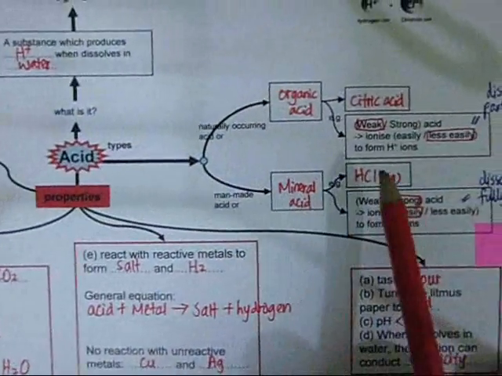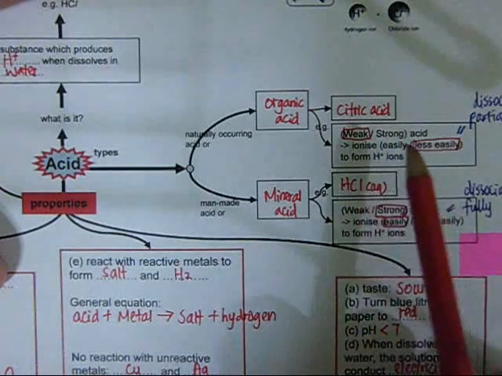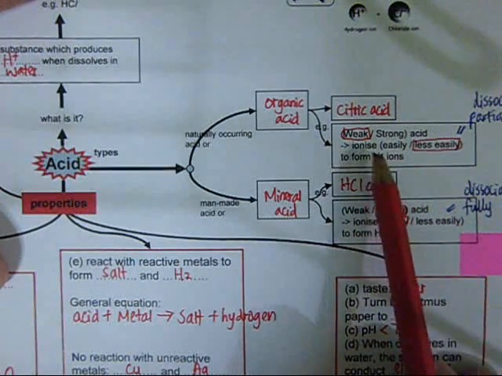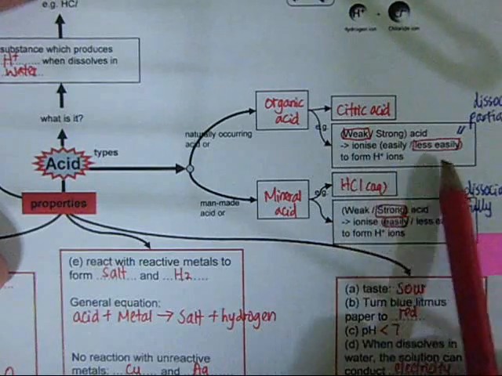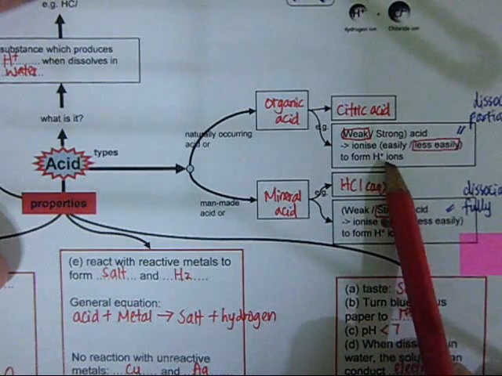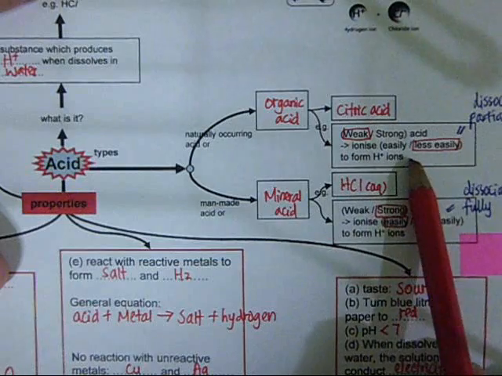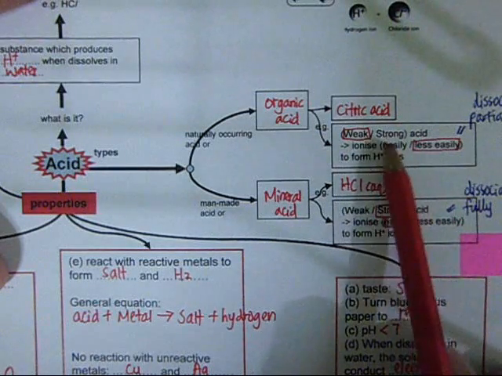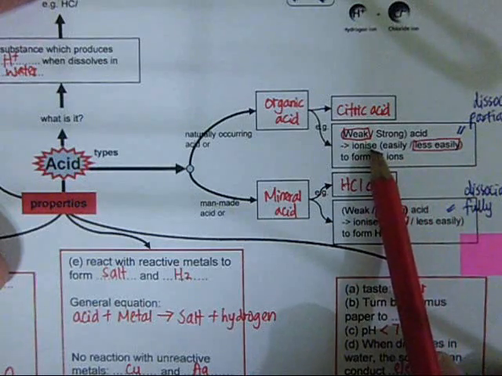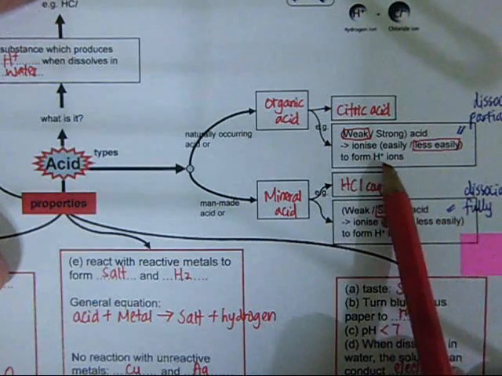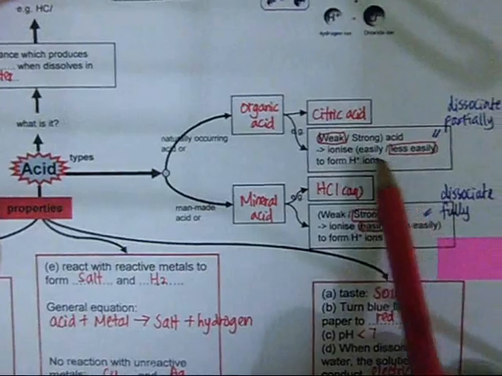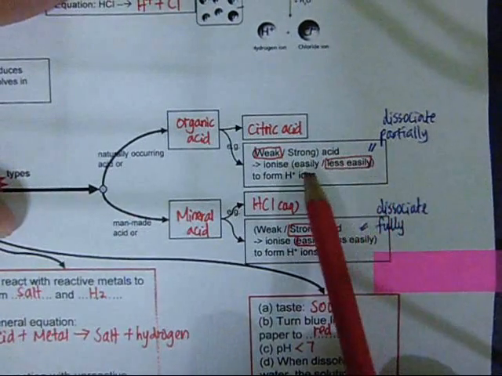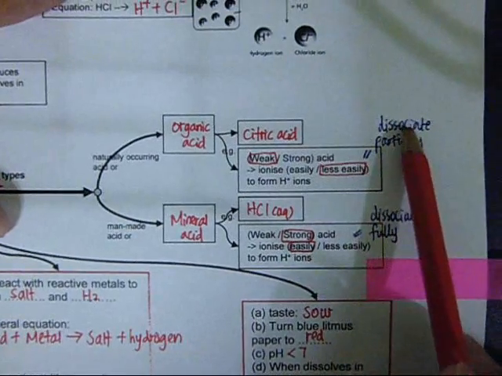Then you need to know the definition of weak acid. What do you mean by weak acid? Weak acid means acid that ionizes less easily to form H+ ions in water. Okay, that is weak acid. Now, ionizes less easily is actually equivalent to dissociates partially.